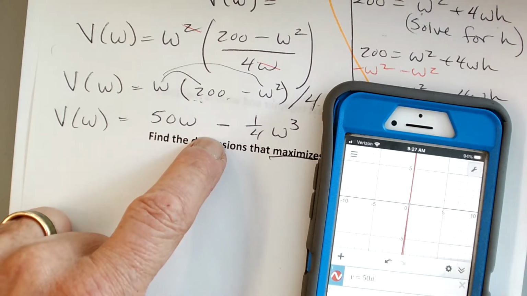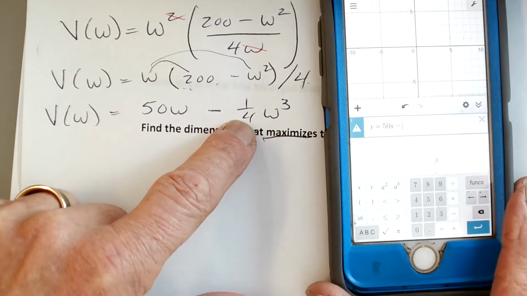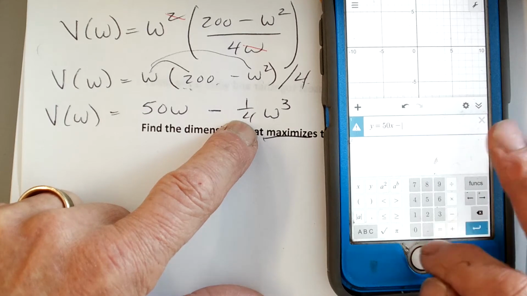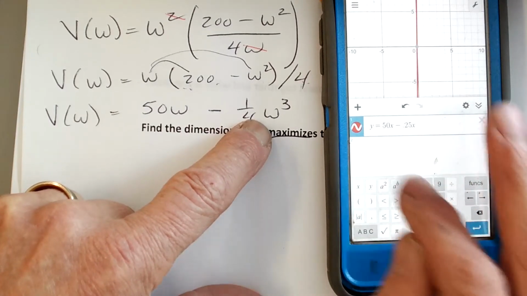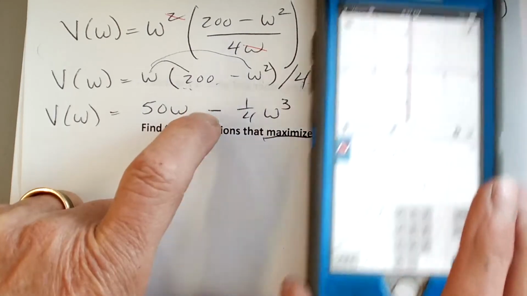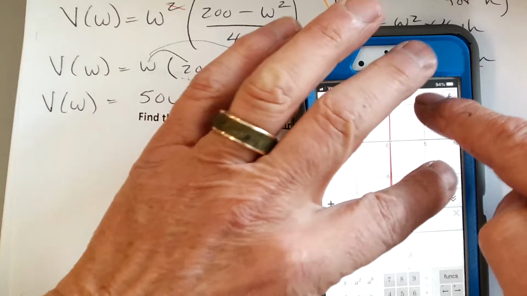Minus, I'm going to make it 0.25. It's easier than 1/4. You guys okay with 0.25? It's easy for me to type it in. 0.25x to the third power, okay? Now, I don't see it because it's a big box, so I'm going to go looking for it.